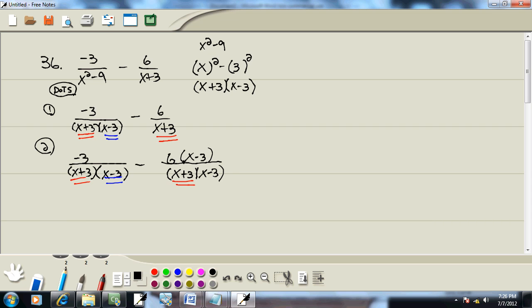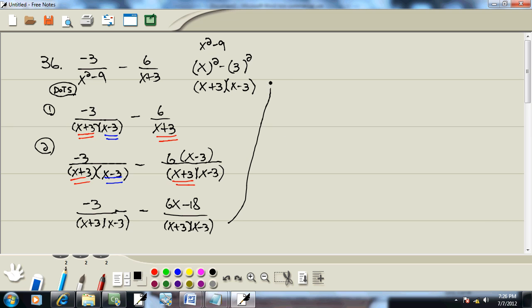Whatever you multiply by the bottom, you have to multiply by the top. Well, the first fraction remains as is, negative 3 over x plus 3 times x minus 3, minus, and then this is the distributive property, 6 times x is 6x, 6 times negative 3 is negative 18, over x plus 3, x minus 3.